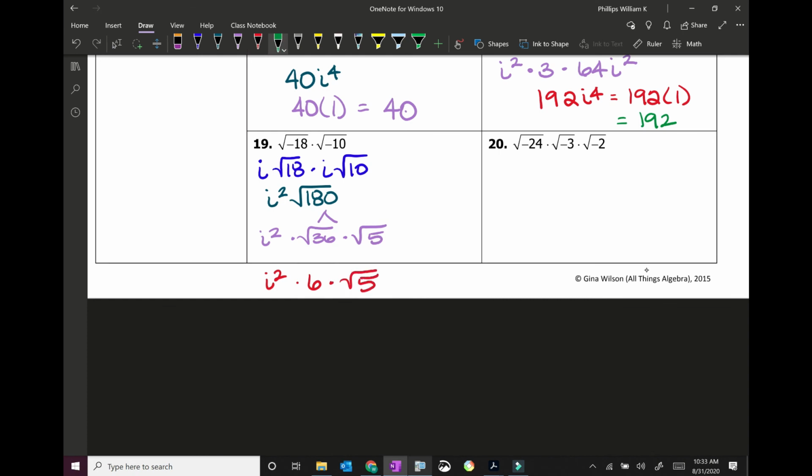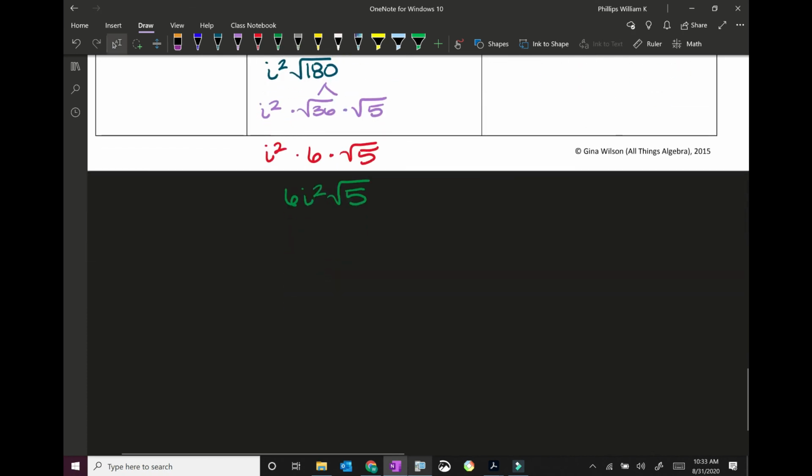So my solution, remember this is an expression, so there's no need for the plus or minus. It's just going to be 6i squared times the square root of 5. And we know what i squared is. i squared is negative 1. So here, this would be 6 times negative 1 times the square root of 5. So this solution is negative 6 root 5.